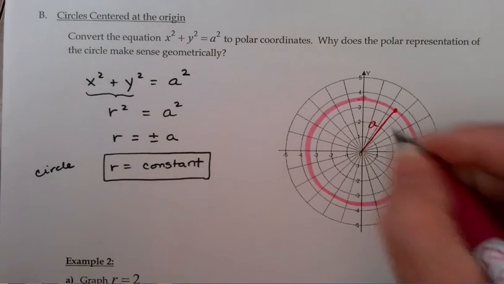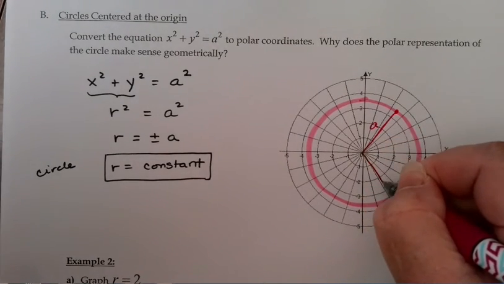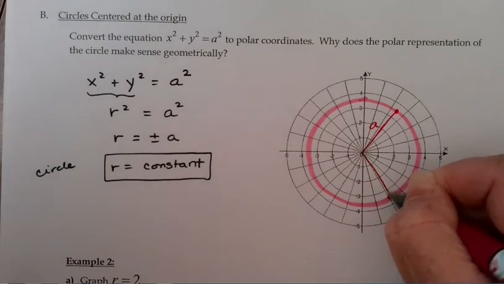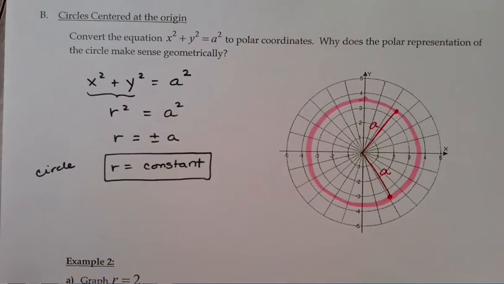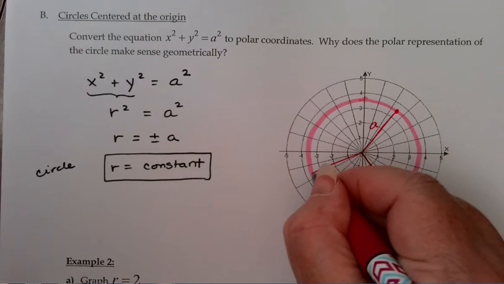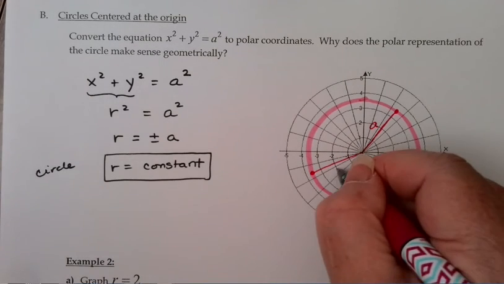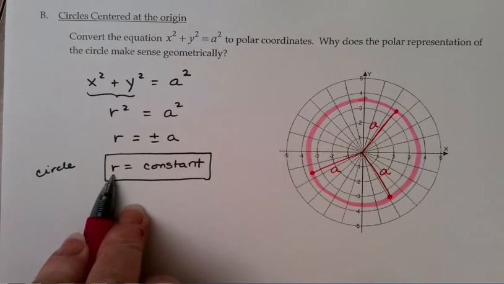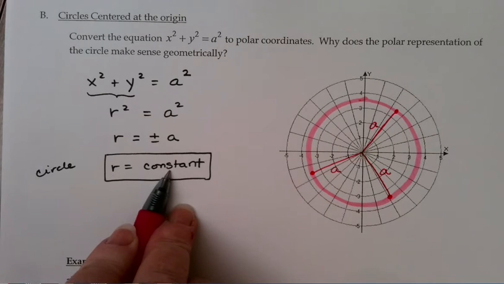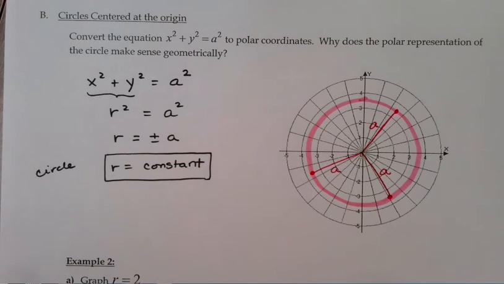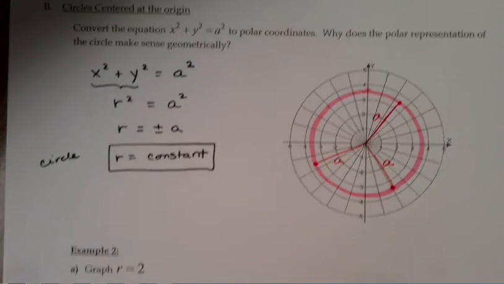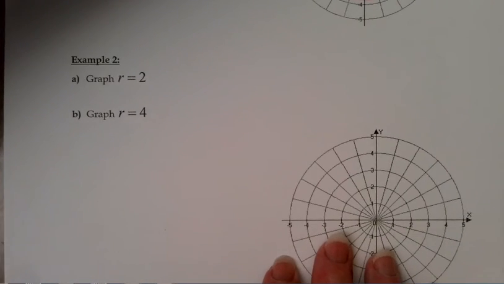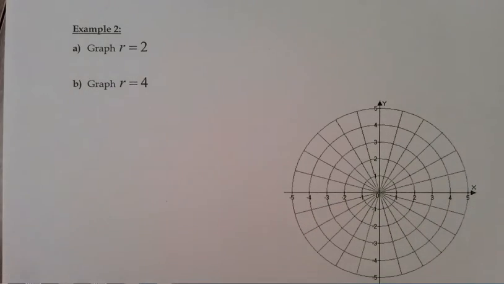If that's the a value, then at a point over here, my distance from the pole is that same a value. And that's going to be true no matter where I look on my circle. So the distance from the pole, r, is always constant for a circle.